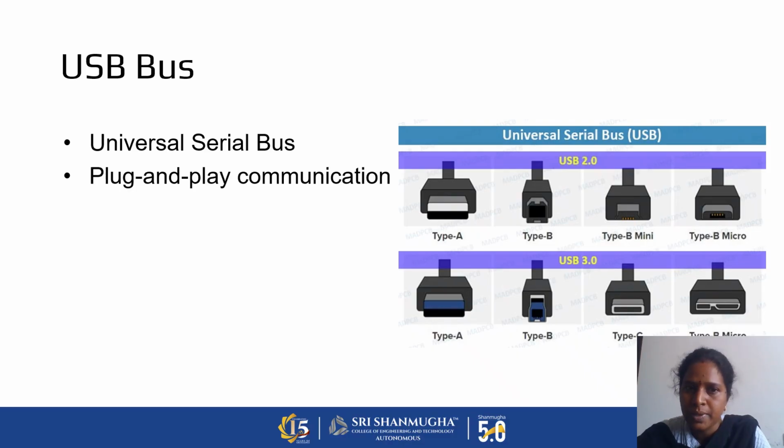Then the USB bus, that is, universal serial bus. There are different types of USB connectors: type A, type B, type B mini, and type B micro. USB has two different versions, 2.0 and 3.0. Universal serial bus provides plug and play communication to connect our system and the application port.